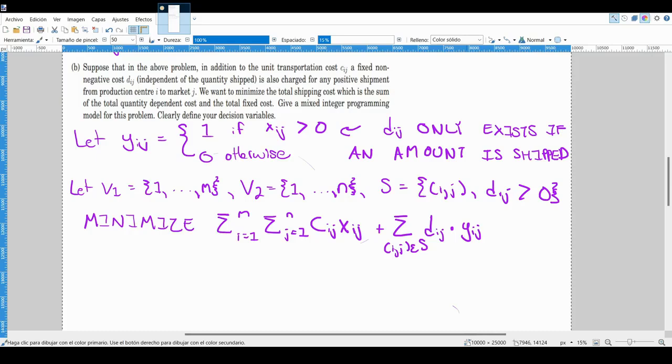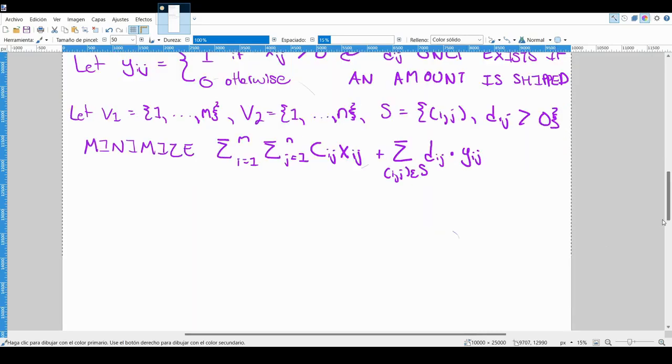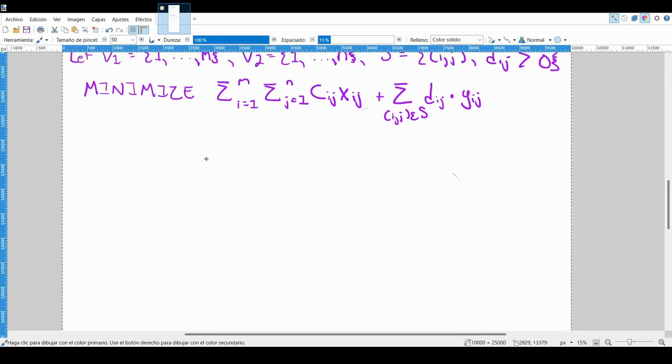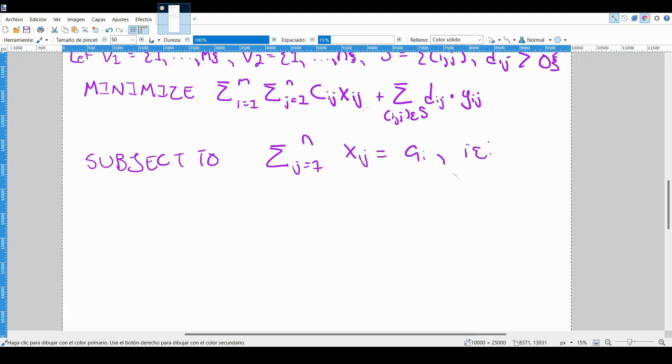And then our constraints are going to be very similar. I'll just quickly write out the previously mentioned ones. Subject to the sum from j equals 1 to n of xij equals ai for I in v1, which we have defined up here.